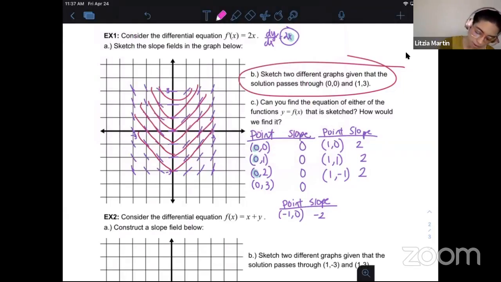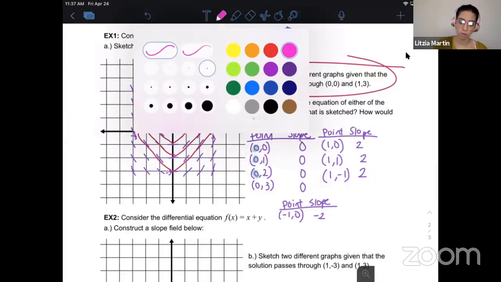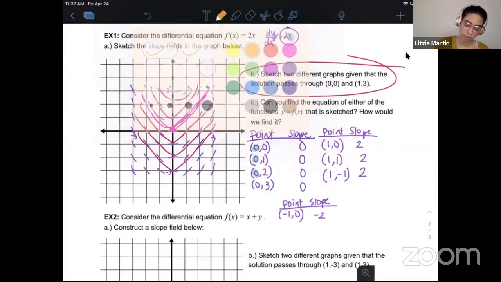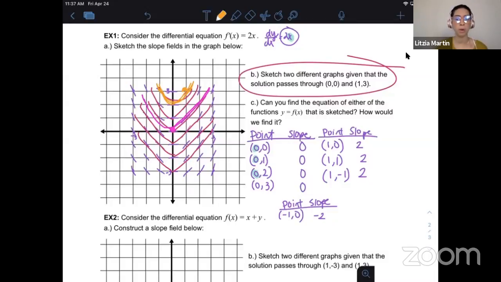The point 0, 0 is right here, so it's going to be this parabola that we see drawn right there. 1, 3, let's do it in orange, is a point right up here. So I can see that it's going to be this parabola that I drew right here, that goes through that specific point.